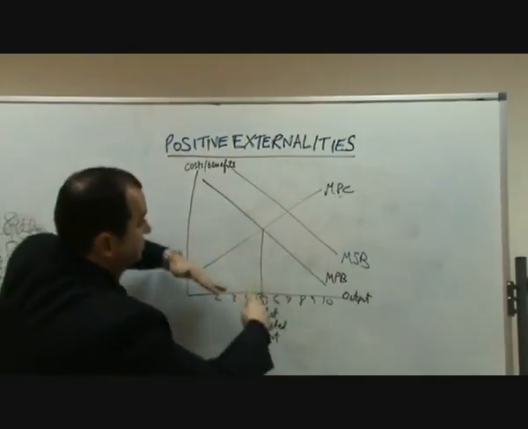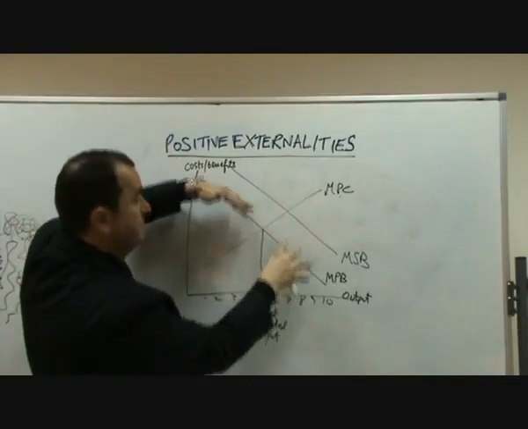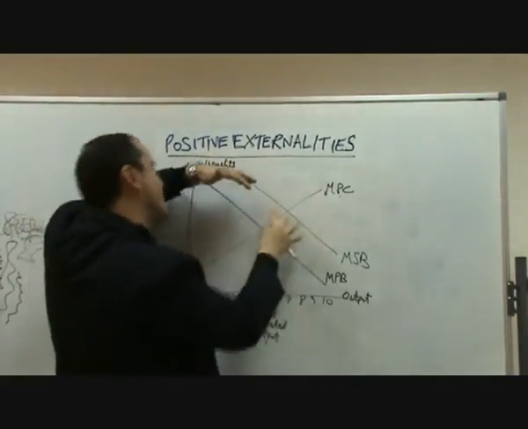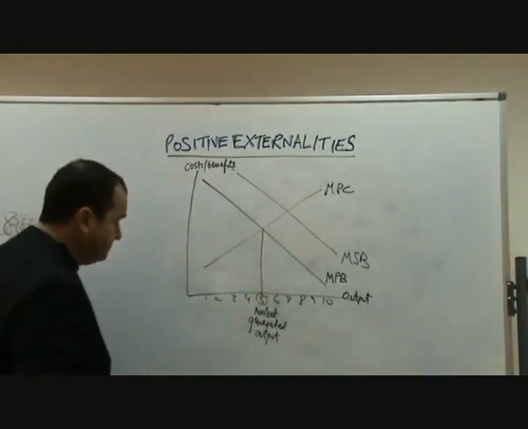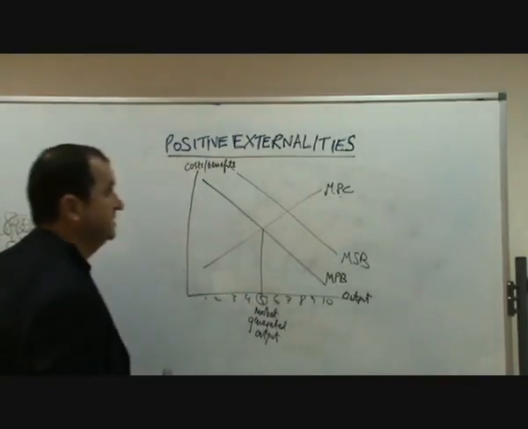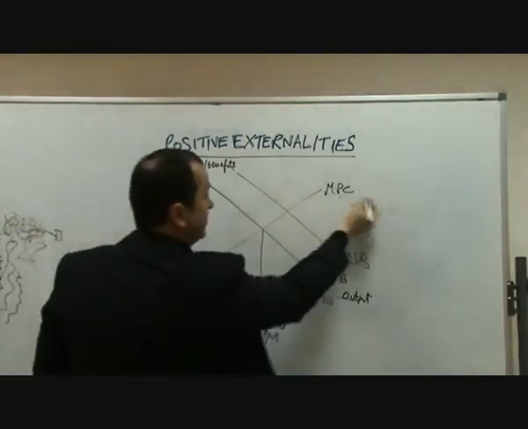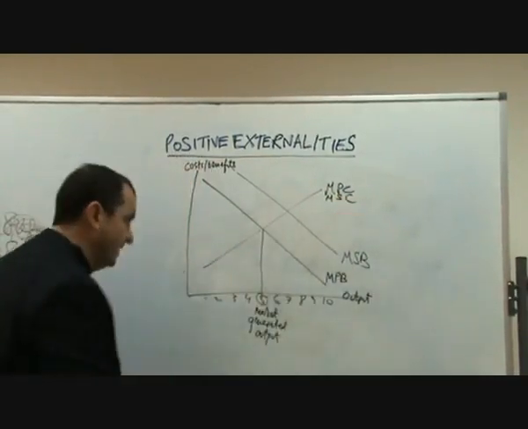So now, instead of just showing how much private benefit each unit produces, we're also adding on the external benefit. That's the entire benefit generated by each one of these goods. And let's assume that there are no external costs from this product, whatever it is. So not only is this the marginal private cost, but it is the marginal social cost as well.